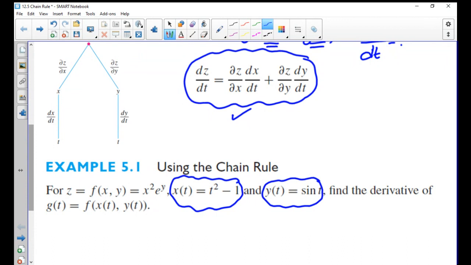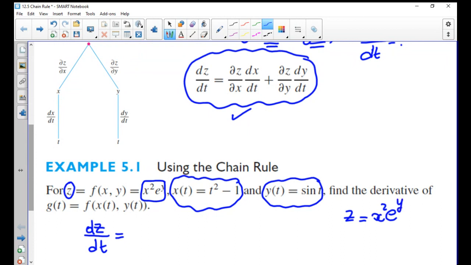Okay. So we have z, or function f, basically is given here, x squared e to the power of y, and I want to find the derivative, so it's dz over dt. So I want to find dz over dt. Z here is x squared e to the power of y.